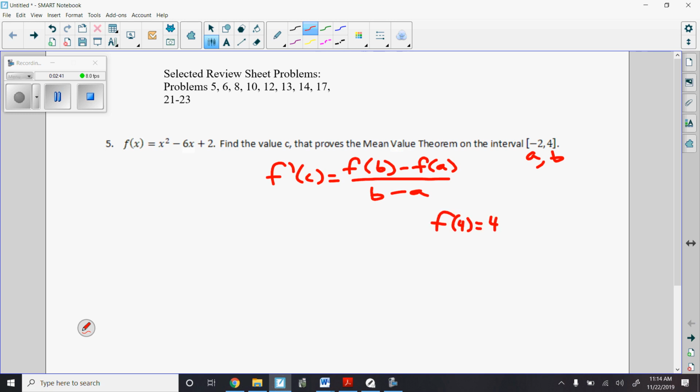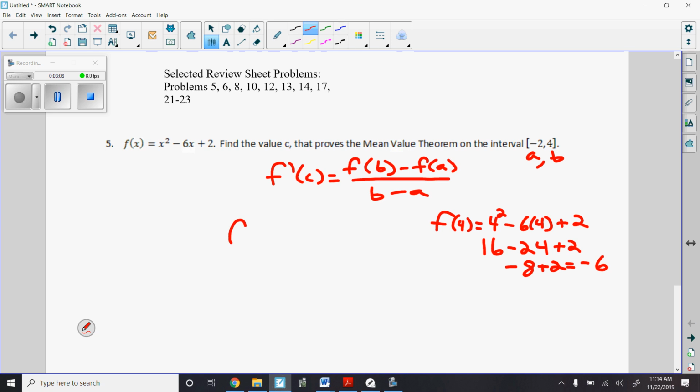That's going to be 4 squared minus 6 times 4 plus 2. 4 squared is 16 minus 24 plus 2. 16 minus 24 is -8. Make sure you're very careful with all of your signs here. -8 plus 2 is most definitely -6, not +6.